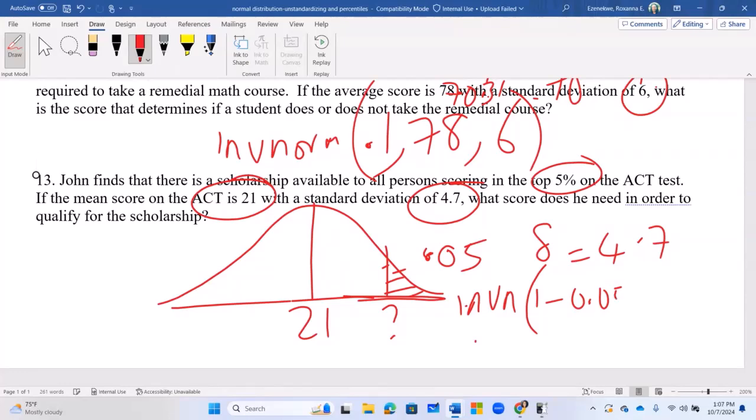When I do 1 minus there, it means I'm looking for the 95th percentile. So the mean is 21. The standard deviation is 4.7. My calculator can do raw scores.